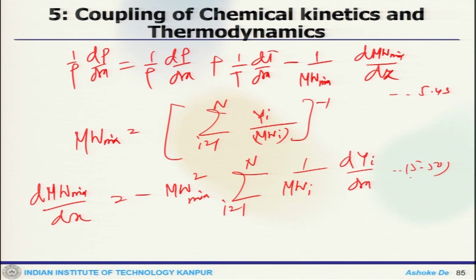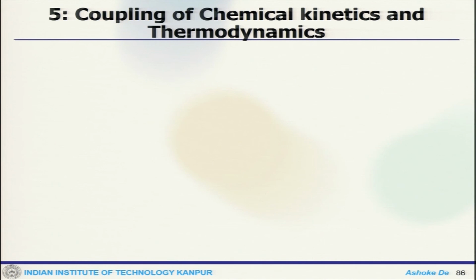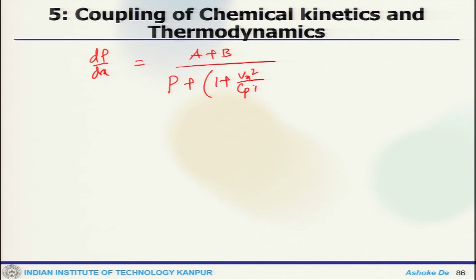The number of equations here can be reduced by eliminating some of the derivatives by substitution, and one can find that d rho by dx equals A plus B over 1 plus Vx square by Cp T minus rho Vx square.